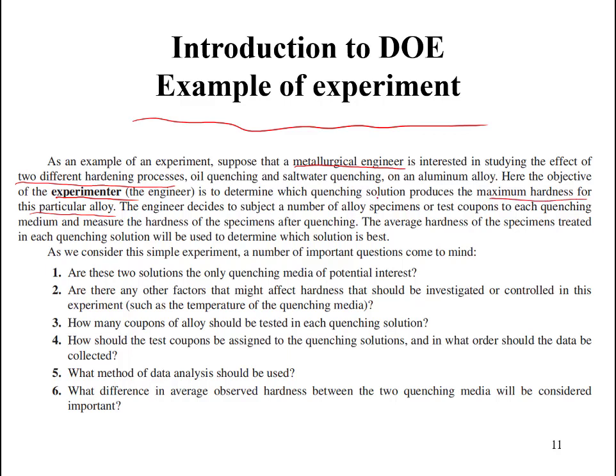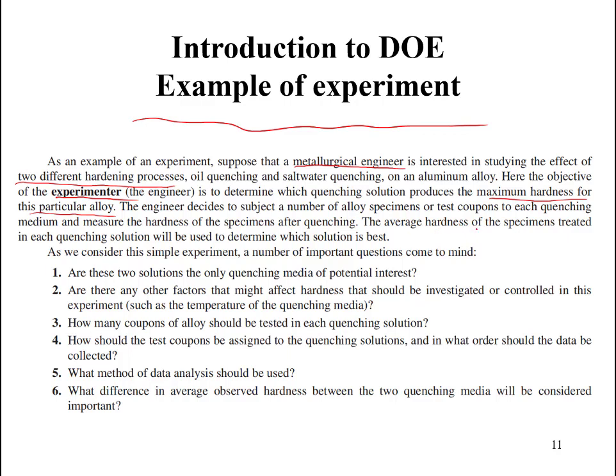This example may fit your current job as well. As you can see here, we have a situation. The engineer should decide which method should be used for this hardening purpose. The engineer decides to subject a number of alloy specimens or test coupons to each quenching medium and measure the hardness of the specimens after quenching.